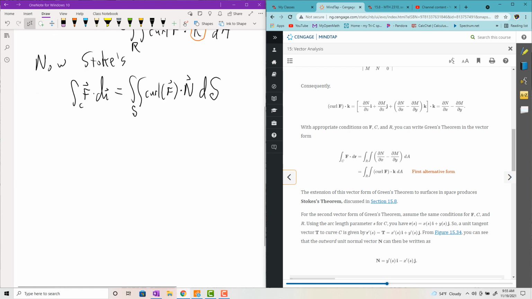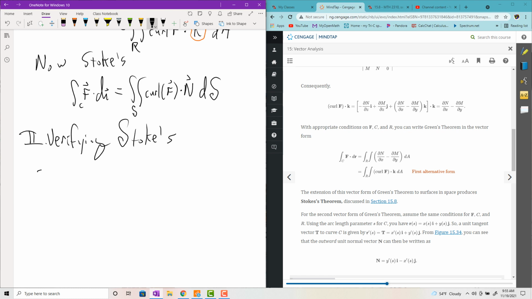So we want to do an integral in two different ways and show you get the same answer. Again, I'll use the same object I was using last time, an elliptic paraboloid type object. So section 2, verifying Stokes. Just take a random example here.